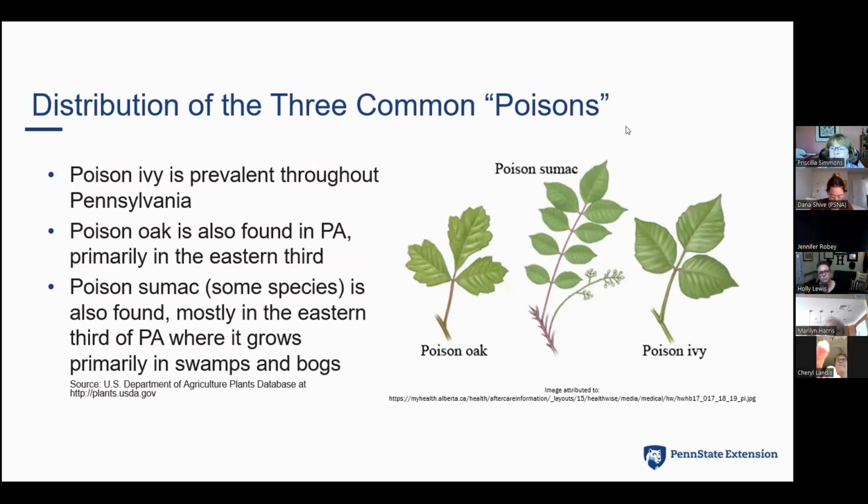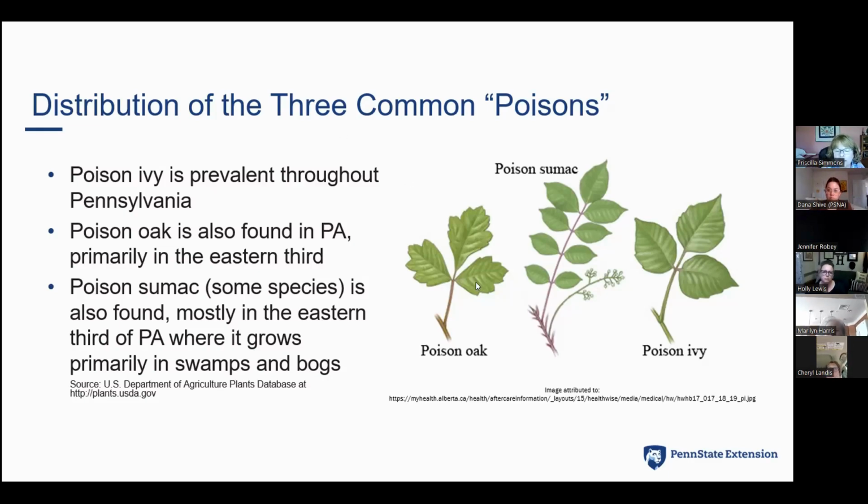This lovely diagram shows you poison ivy, poison oak, and poison sumac. Poison ivy is prevalent throughout all of Pennsylvania. And in fact, I can't say for sure, but I think it is found in every state in the United States.